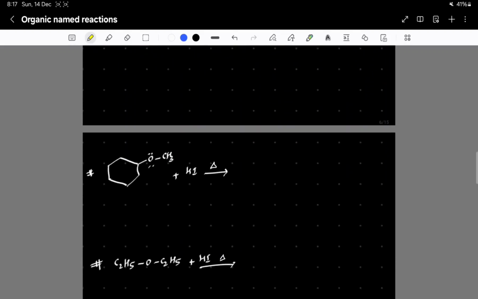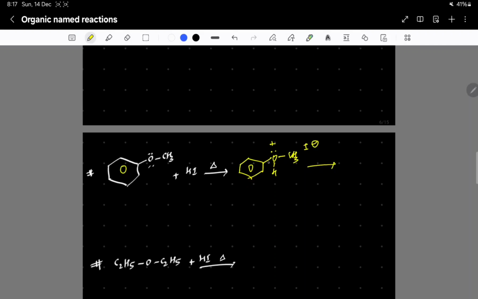Now we will do some questions. This is anisole. The step 1 process is very simple: you will get the protonated ether with OCH3. Now I minus attacks.